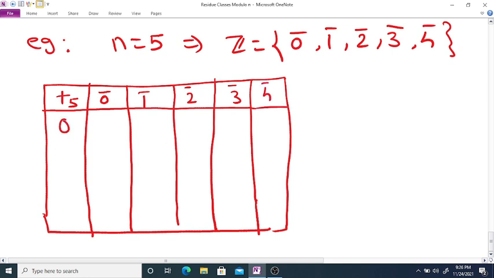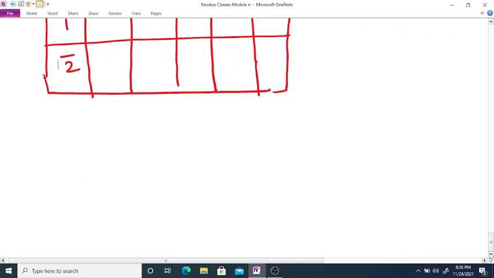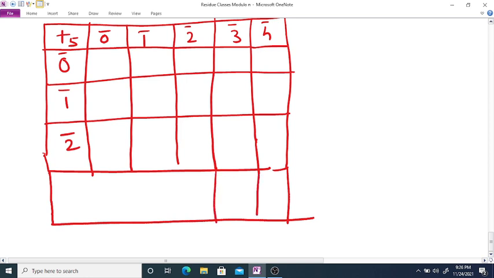Here it is again: 0 bar, 1 bar, 2 bar, 3 bar and 4 bar.